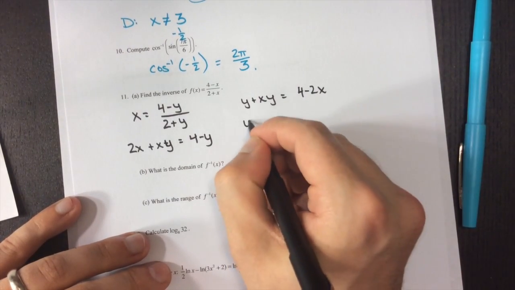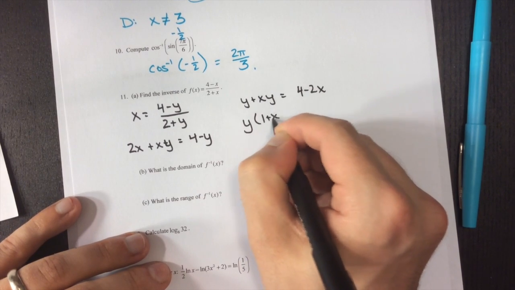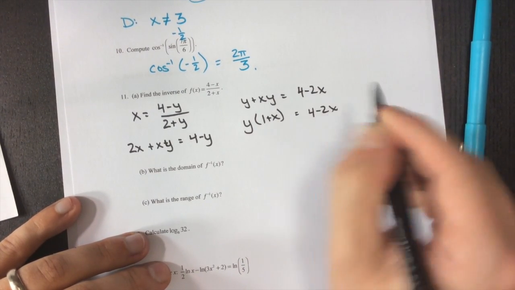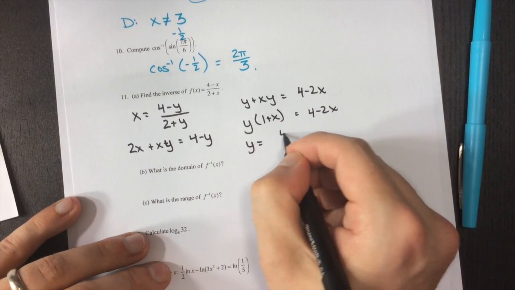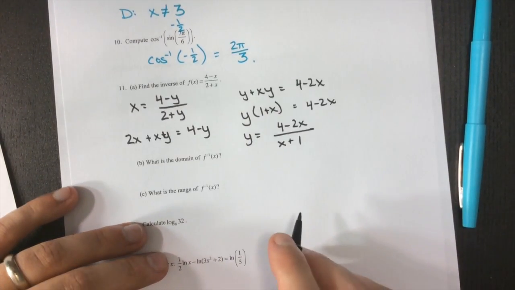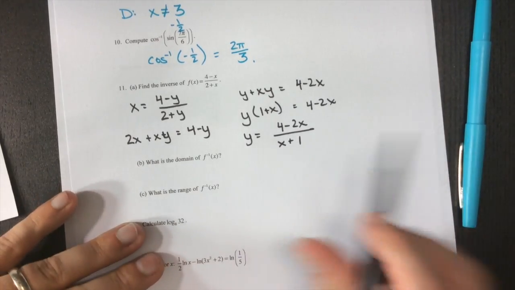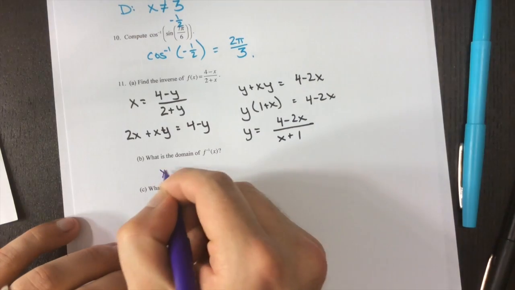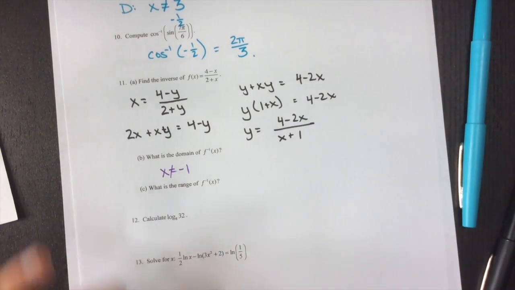Factor out a y. 1 plus x, or x plus 1, equals 4 minus 2x. So then y equals 4 minus 2x over x plus 1. So that's my inverse. My domain would be x is not equal to negative 1.